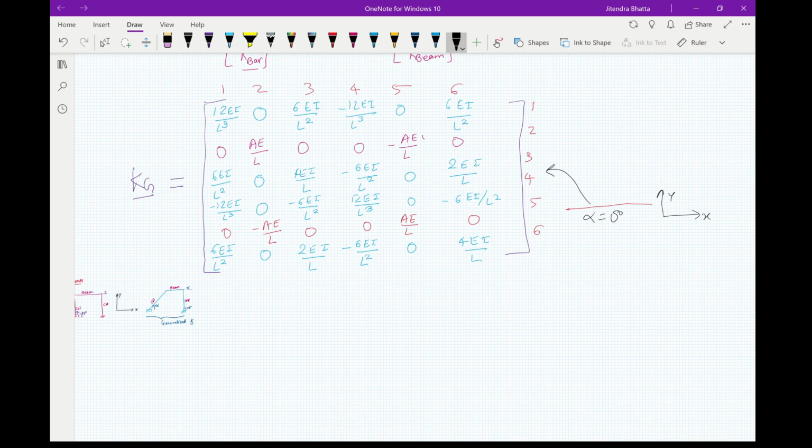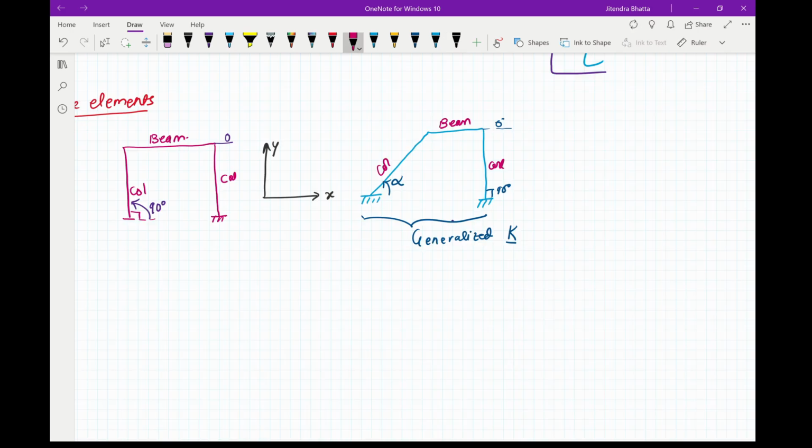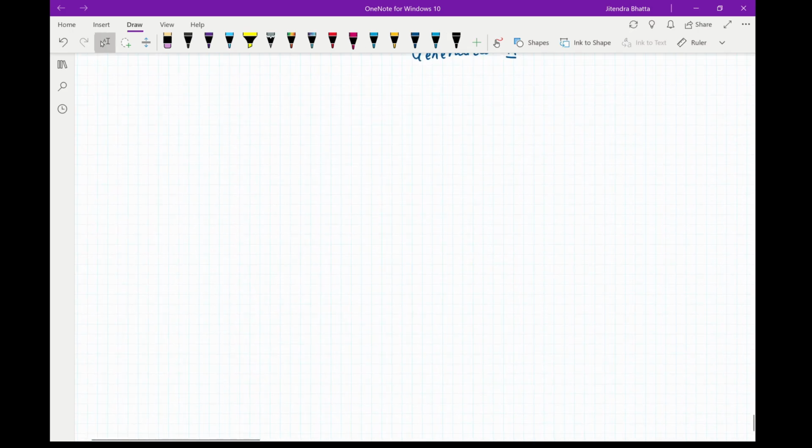This will only be valid for a frame element that is parallel to the horizontal axis. Now for this one, let's say we have a frame element that is inclined like this with the horizontal, let's say this makes an angle alpha. This is your x direction, this is your y direction, and this is our frame member.